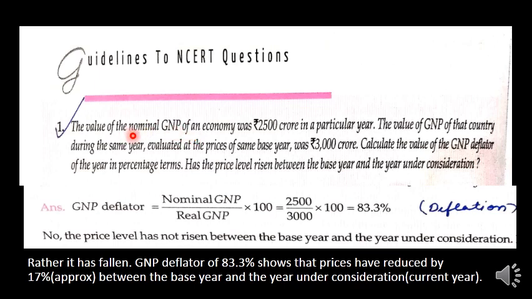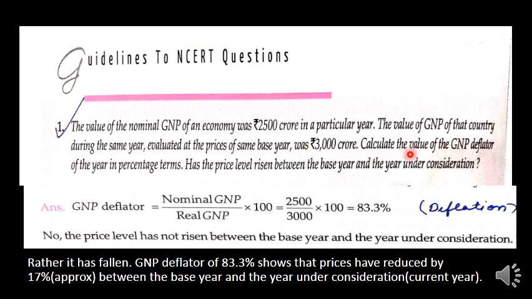The value of the nominal GNP of an economy was rupees 2500 crores in a particular year. The value of GNP of that country during the same year evaluated at the prices of some base year was rupees 3000 crores.